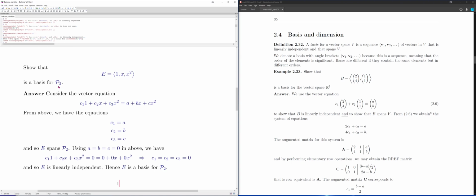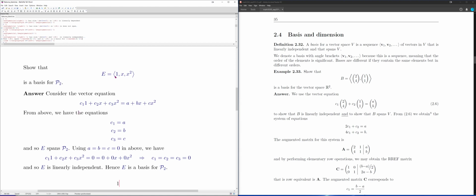Well, spans means that if I have an arbitrary vector in P2, and a vector in P2 is a polynomial of degree at most 2, well, the arbitrary polynomial of degree at most 2 I can write this way: a plus bx plus cx squared. And I want to show that this can be written as a linear combination of the 1, the x, and the x squared.